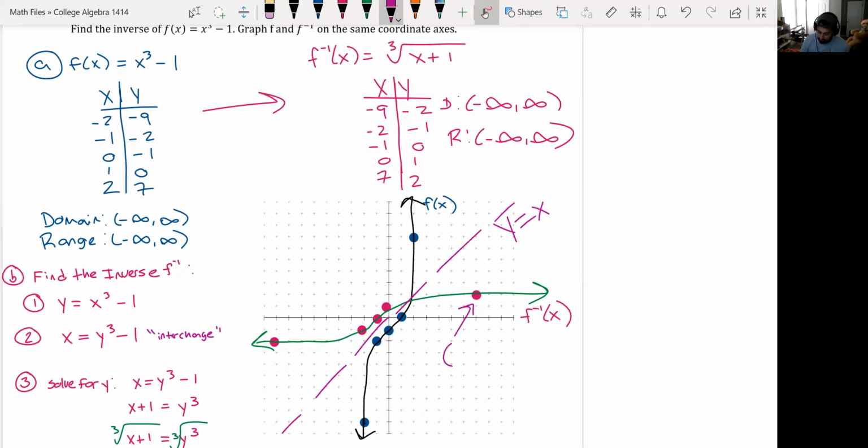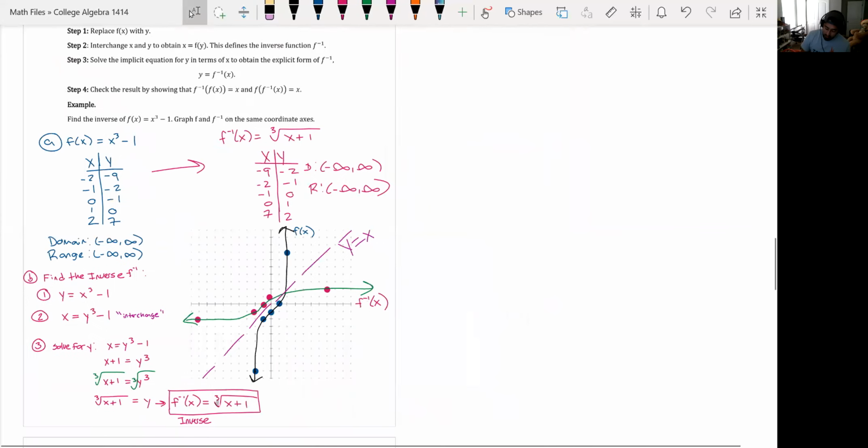This point is 7, 2. That point is 2, 7. So we're pretty symmetric. Okay, excellent. So that is how you find an inverse algebraically. And we're going to do it again on the next page.